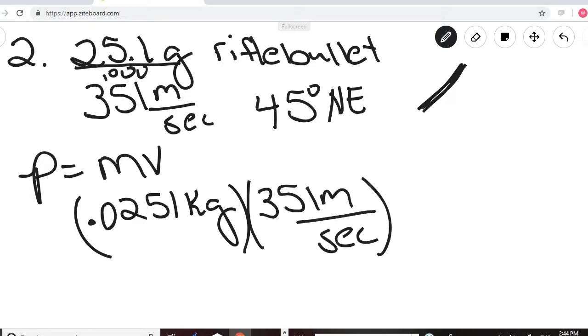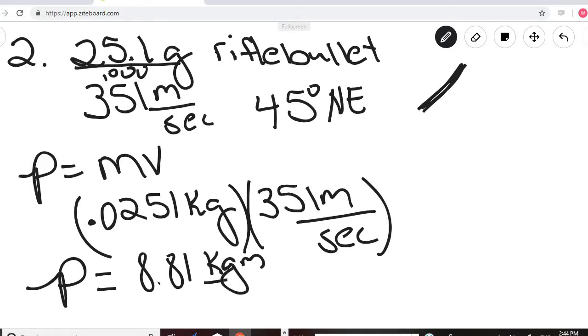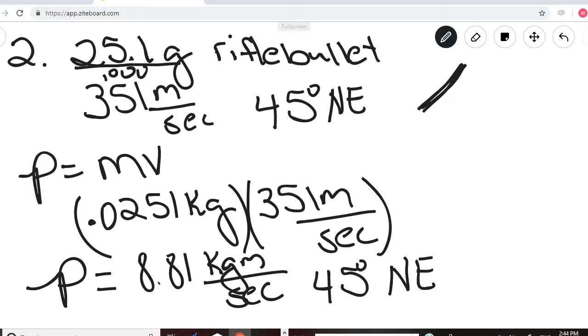So then P, the momentum, will equal 8.81 kilogram meters per second, and we need to include direction since momentum is a vector quantity, so at 45 degrees northeast. Okay, so that is number 2.